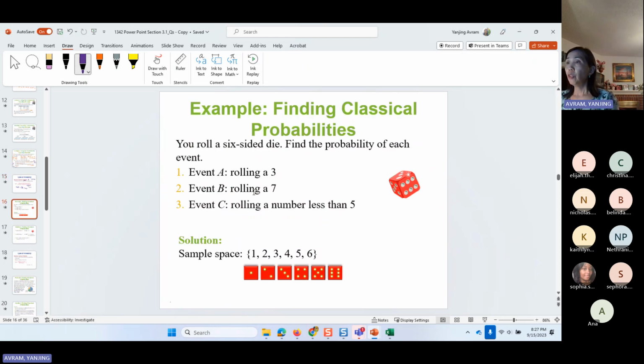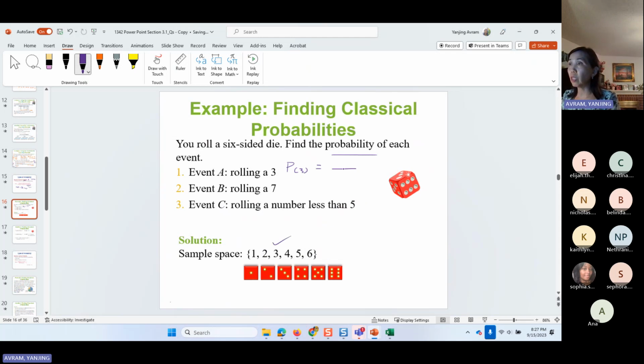All right, look at this one right here. This is a 6-sided die. Find the probability of each event. Rolling a 3: how many are possible? We have 1, 2, 3, 4, 5, 6.